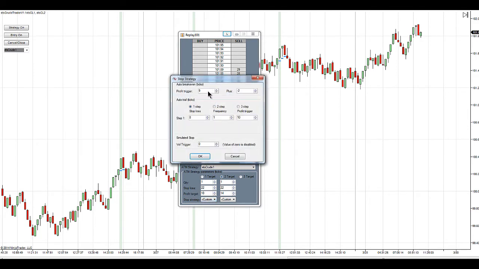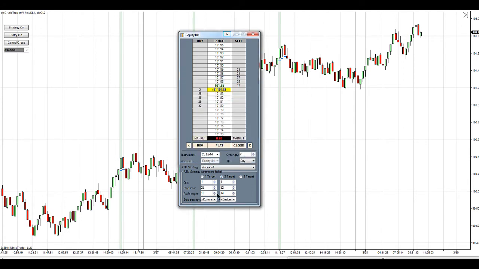Under our auto break even, after 9 ticks of positive price movement, in other words, once it trades 9 ticks in the money, stop loss goes to break even minus 2 ticks. So it goes 2 ticks below break even. Then after the trade moves 10 ticks in the money, it will then go 8 ticks below the high water mark and then tick up tick for tick as it moves up until it gets taken out at profit. In this case it will be 10 ticks anyway.